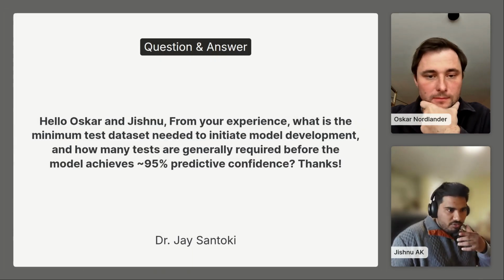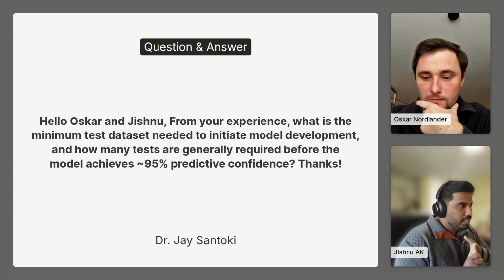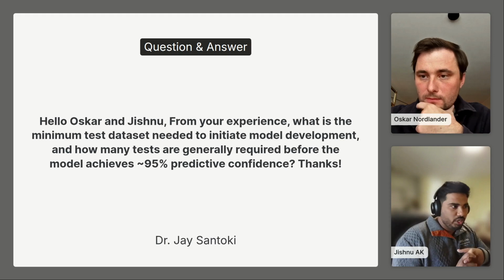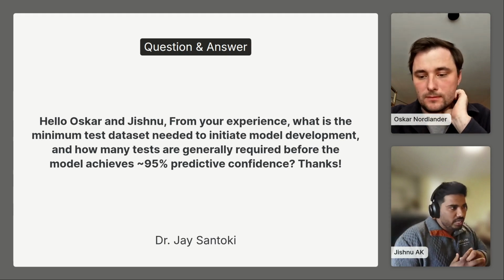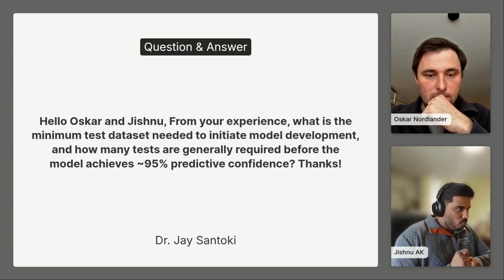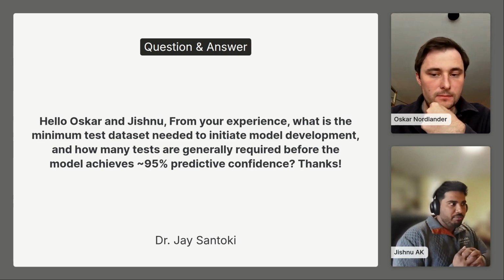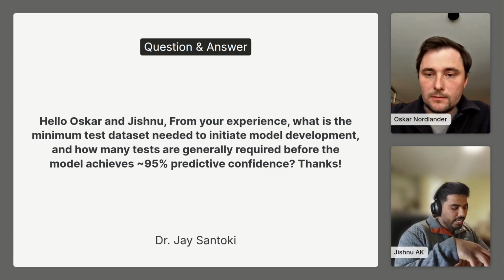There's another question from Dr. J. Santoki: what is the minimum number of data sets needed to initiate the model development, and how many tests are generally required before the model achieves about 95% predictive confidence? This totally depends upon the use case of the degradation model.